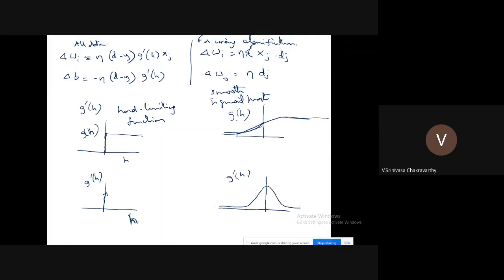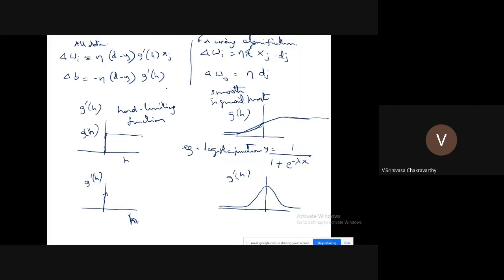One good example of a function which has this kind of features is what is called a logistic function. Okay, this is an example. So when you use such a function, you get a smooth sigmoid function, and that will work.